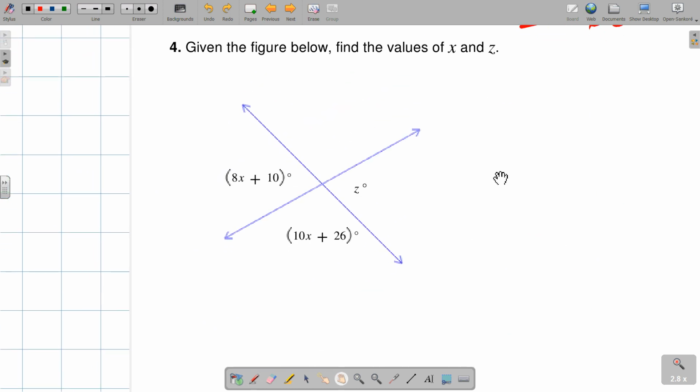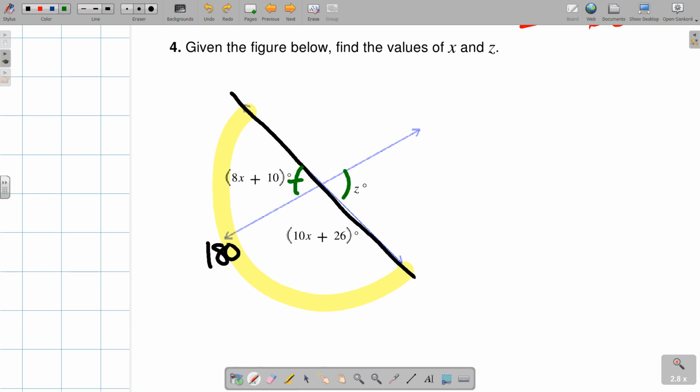Once again, let's try this one down here. There's a straight line. Let's start by sweeping a rainbow. It's 180 degrees. Let's check out our linear pair. Of course, these two are our vertical angles.